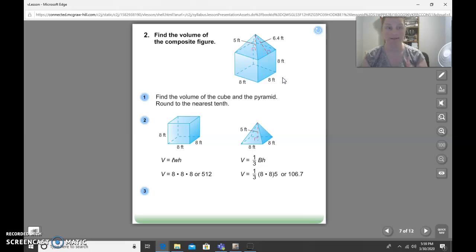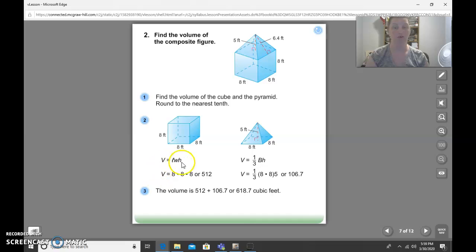Now, your base is 8 times 8, your height is 5. So 1/3 of 8 times 8 times 5. It's 8 times 8 times 5, and then divide that by 3, and that gives you 1/3 of it, okay? So the total is 106.7.